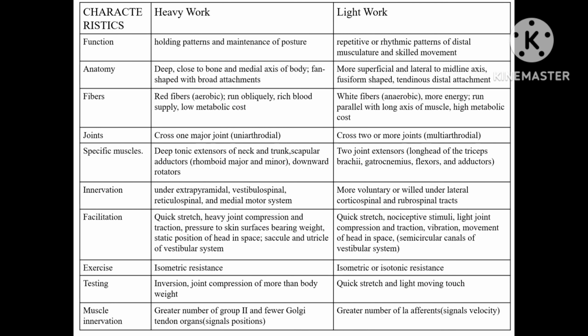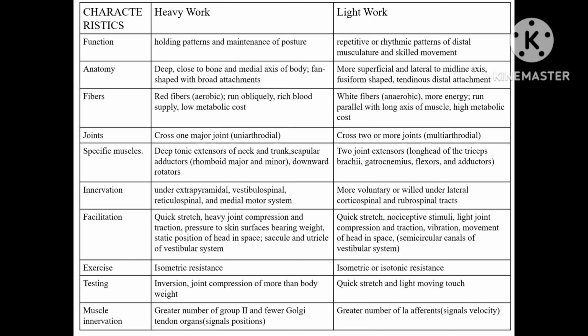Now differentiating the light and heavy muscles. First, the heavy muscles are proximal muscles, so they are for the maintenance of posture and holding a posture. Light muscles' main function is to carry out distal or skilled movement. Heavy muscles are usually the deeper muscles, and the light muscles are more superficial.